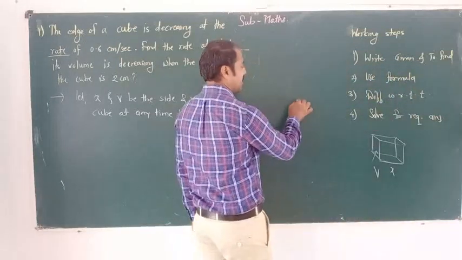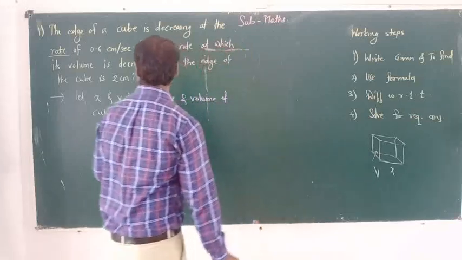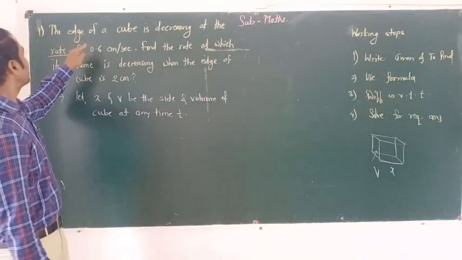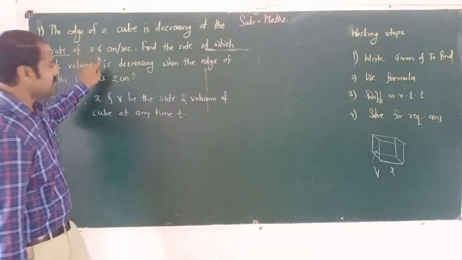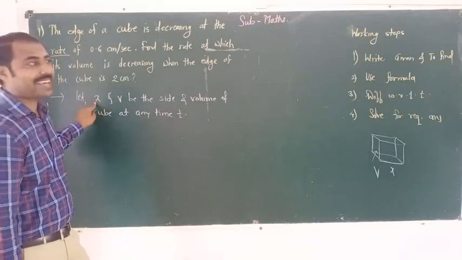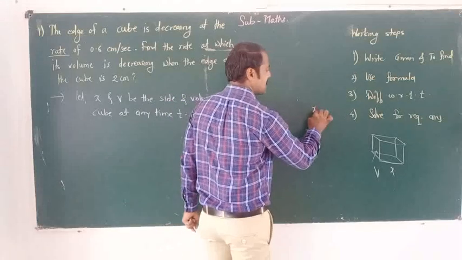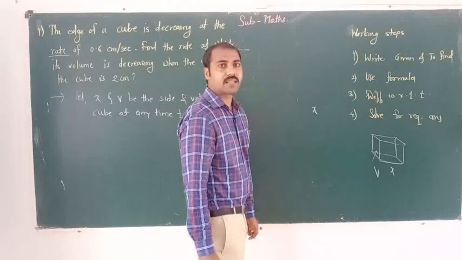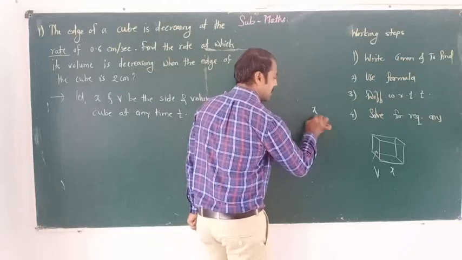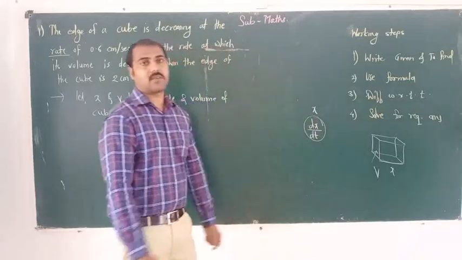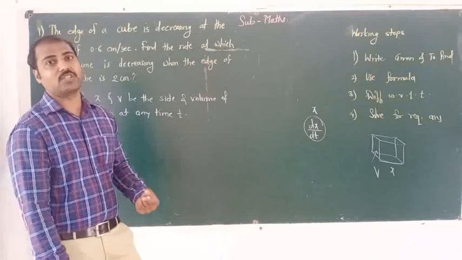Now moving to our first step, write the given and to find quantities. Look here, the rate of change of edge is 0.6. We are considering that the edge is x. If x is the side of the cube, then dx by dt is nothing but the rate of change of edge.